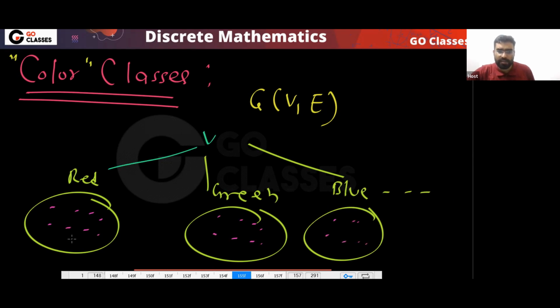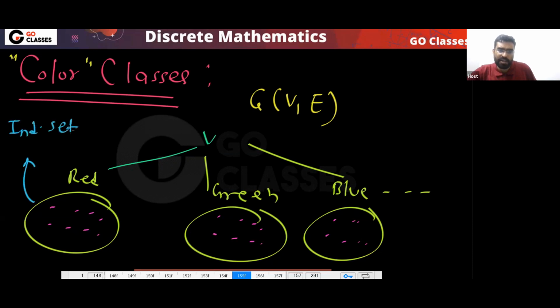Now tell me one thing. Is it possible that there is any edge within a color class? The answer is no. Is it possible there is any edge here? Again, the answer is no. So each color class will be an independent set.